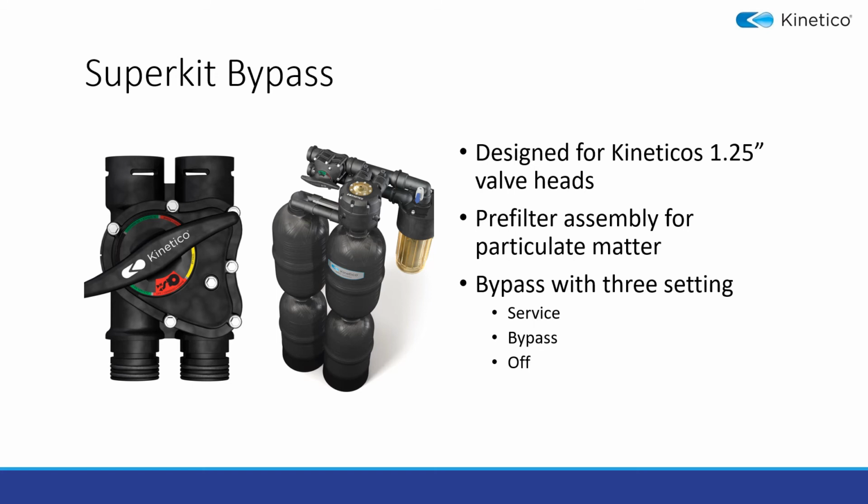The other benefit the Super Kit offers is a clean installation with the crossover setting. Traditional plumbing into the Kinetico softener is raw water entering on the left and treated water exiting on the right. Now, depending on where your city pipeline or your well piping is entering into the home, we can set the unit in a crossover flow setting.